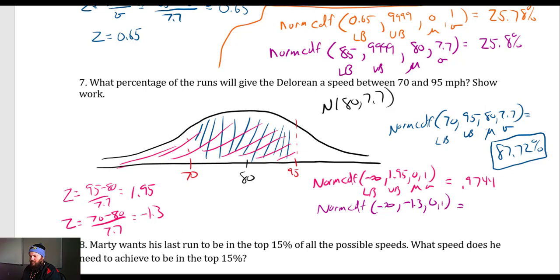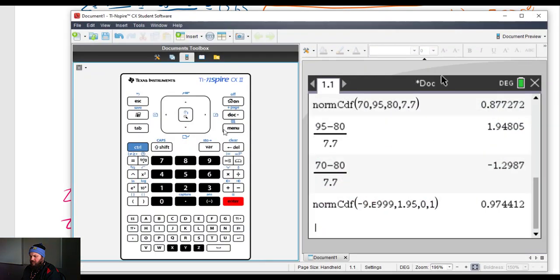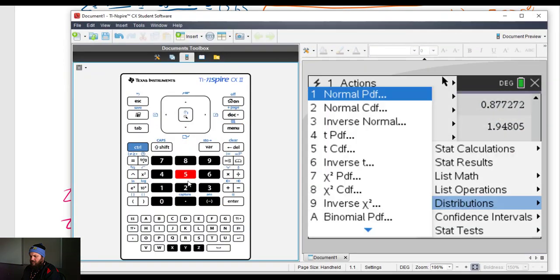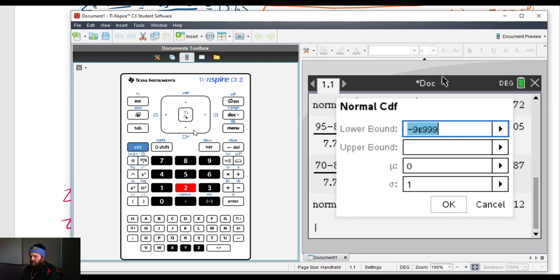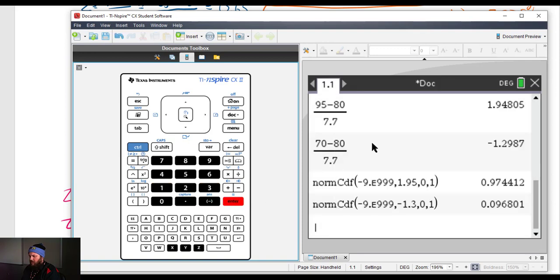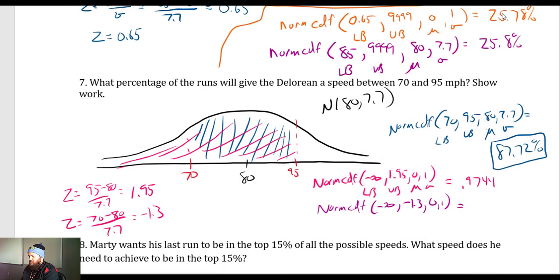And that should give me 0.0968. So now that gives me from here to infinity.